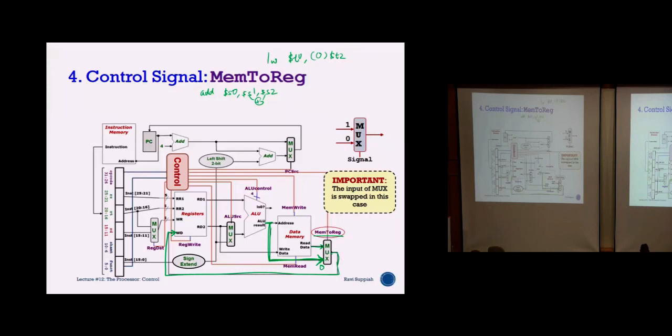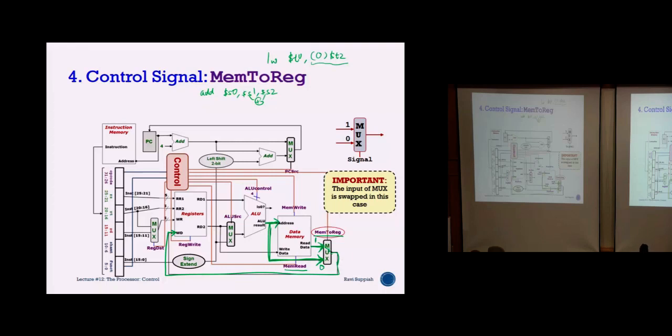If this was the load word instruction, then my ALU would have done an add operation, correct? And that add operation would have activated the memory address, and I would have also triggered the memory read pin, and the data in that memory location would have been available here. Correct? So in this case, my mem to register should be 1. So the data from my memory is the one that will go through here.